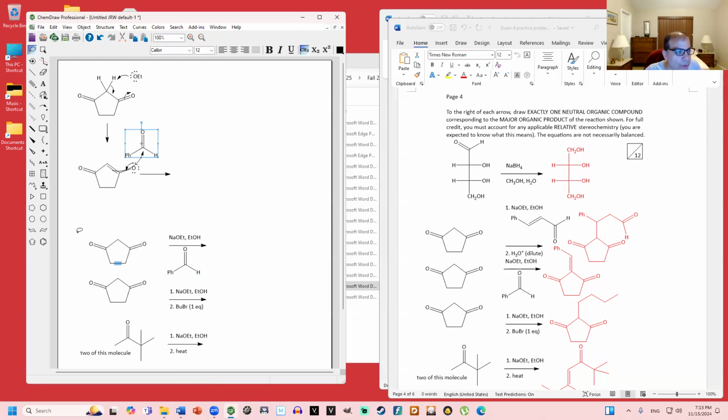So you just put that there as the recipient of the electron density. Well, I don't have to draw the H. It's understood.